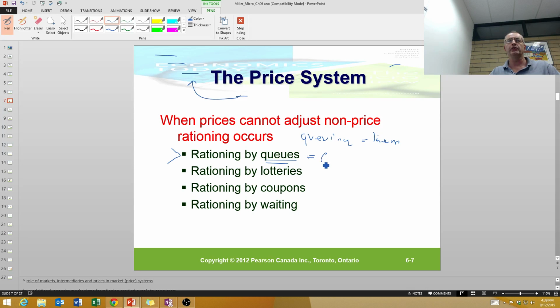So it's the first come, first serve principle. And then sometimes resources are allocated through lotteries.